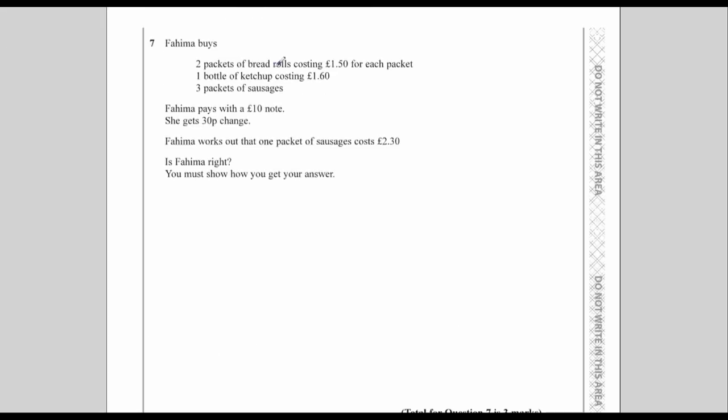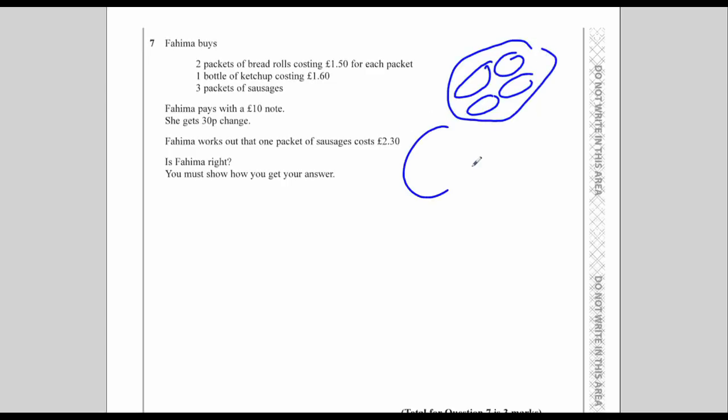Right, 2 packets of bread rolls. Now you might not do this in the exam, but I'm walking you through it. So I'm going to show you what a packet of bread rolls might be like. Something like that. And we've got 2 packs, and they cost £1.50. We've got 1 bottle of ketchup that's costing us £1.60. Imagine if you're in the shop buying all this.